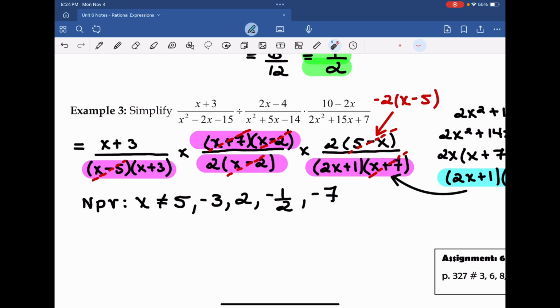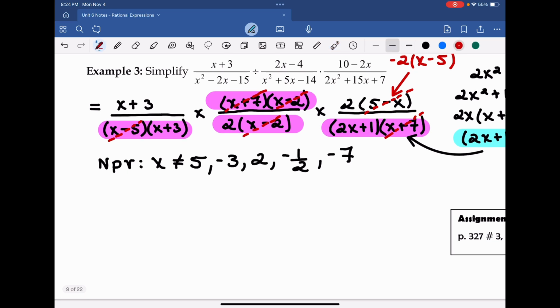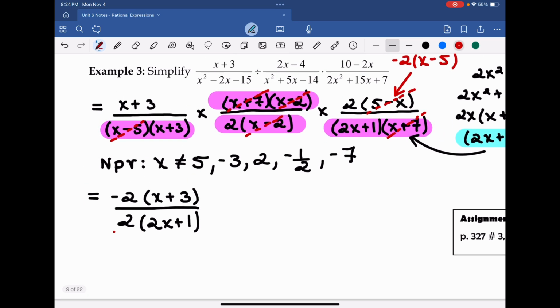And then I also want to make sure that I keep my 2 in the denominator with the 2x. So let's write out everything that I have left behind after canceling this. I'm going to have in the numerator negative 2 because of the negative term here. And then I'm going to write x plus 3, which was the binomial left behind, divided by, in the denominator, there was also another 2 and 2x plus 1, meaning we probably could have canceled our 2s in that previous step, but let's just do that now.